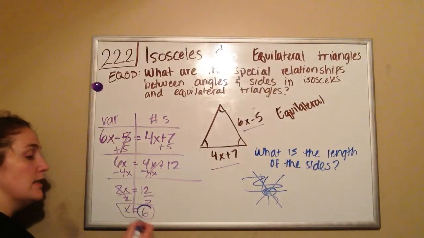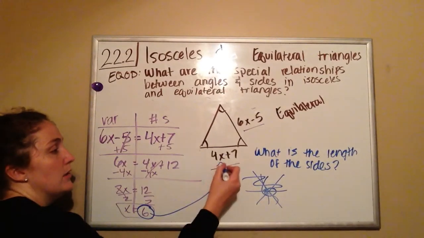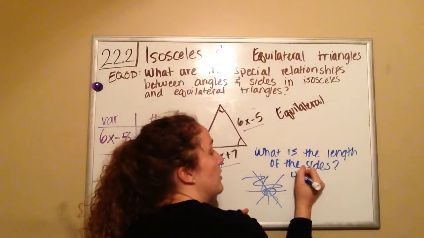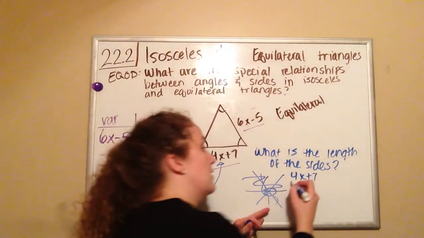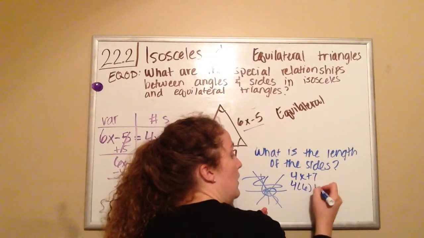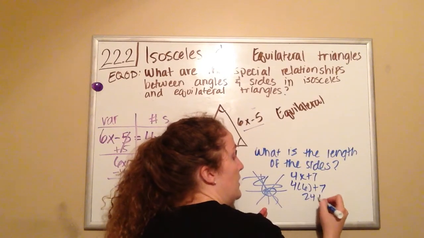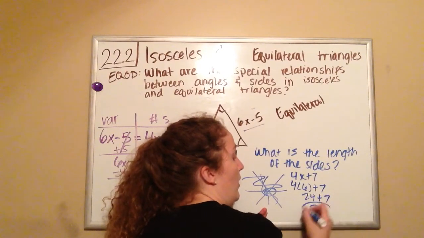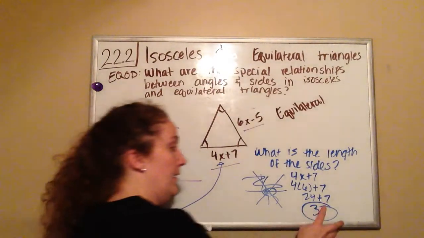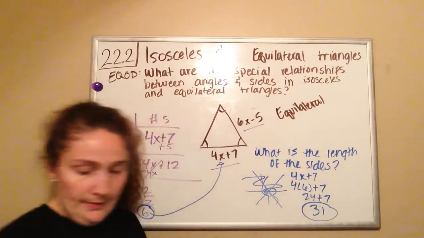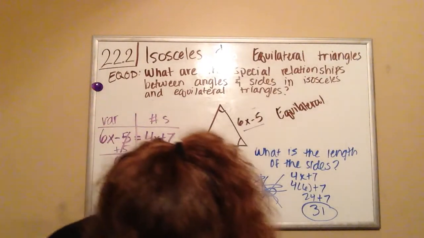You need to take this 6 and plug it back into the equation. So it's 4x plus 7, but I'm plugging in 6 for x. So I get 24 plus 7, which gives me 31. So the length of my side is 31, not 6. Okay?